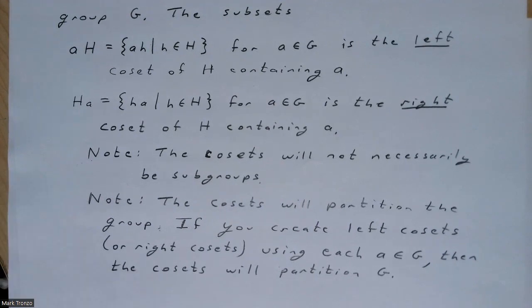It's a group of sets such that the intersection of any two of them is the empty set, but yet all the members of the sets together make up the group G.